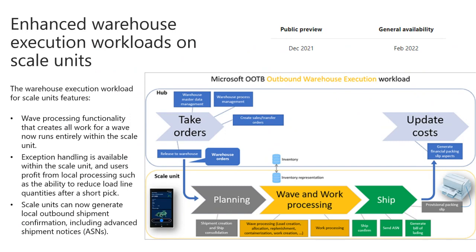There's even a provisional packing slip that you can run. The financial part of the packing slip will be updated once you connect to the hub again. So that's just an illustration of what part of the warehouse processes can be handled by the scale unit. Next slide, please.